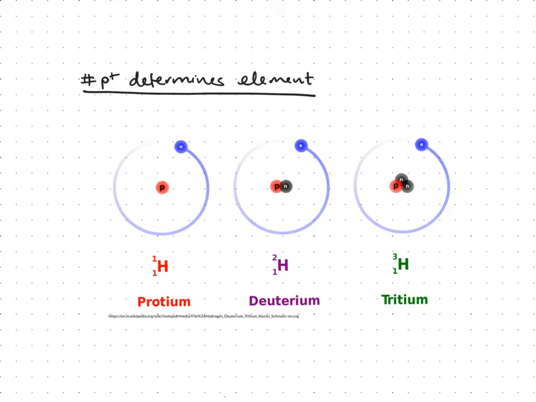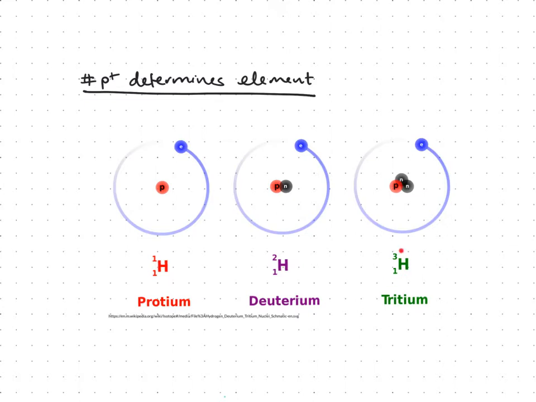Most hydrogen doesn't have any neutrons, but there are atoms of hydrogen that have one proton and one neutron, or one proton and two neutrons. So the only thing that's changing here about these atoms is the number of neutrons. So it's the mass that's changing. This one has a mass of 1, and this one has a mass of 3.